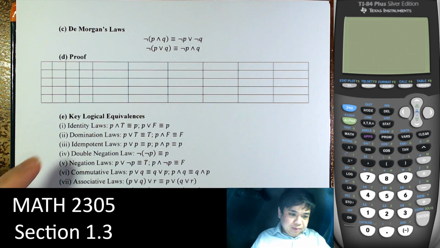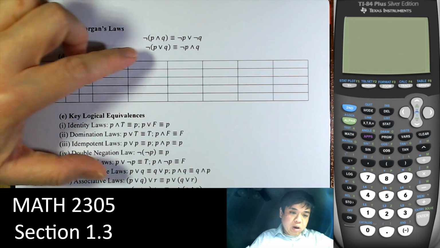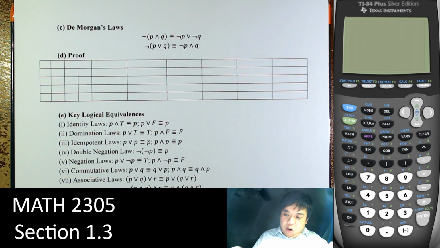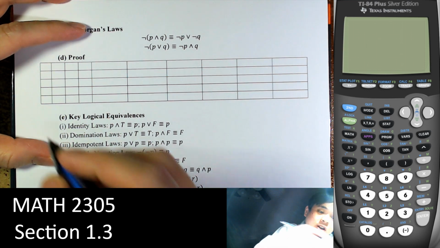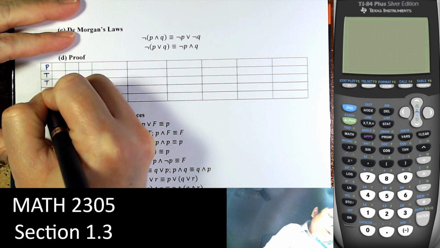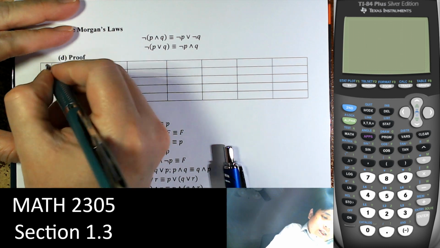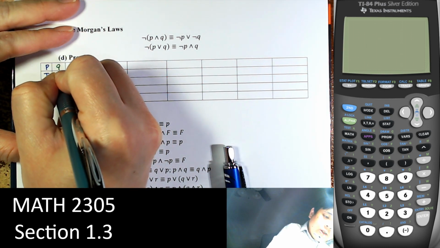Now we're going to do that on this table. We'll try to prove De Morgan's law. First P and Q. P: true, false. And then Q: true, false.